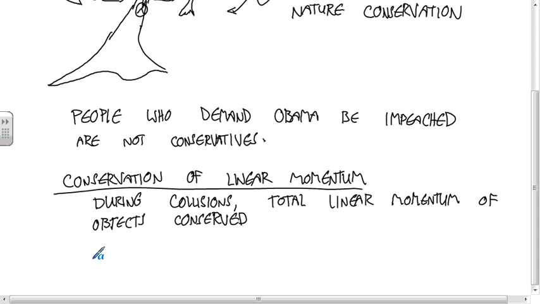Where linear momentum is always written as a lowercase p. It's a vector quantity. I don't know why they use a p, but m is already taken. I know that much. It is equal to the mass of the object times its velocity vector.